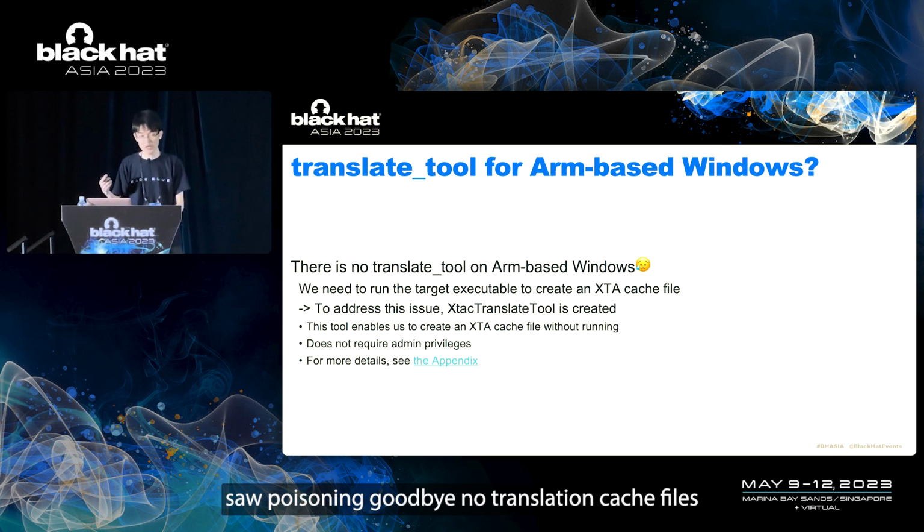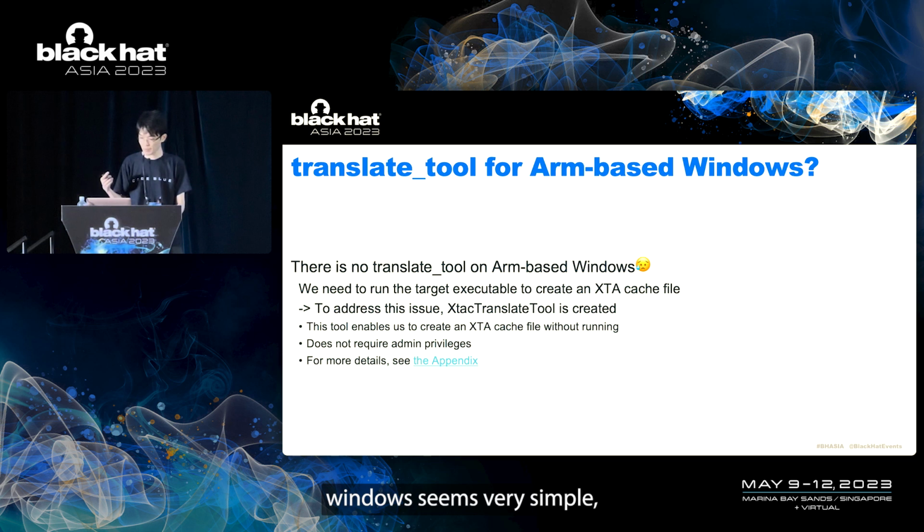So poisoning binary translation cache files on ARM-based Windows seems very simple, but the situation is a bit different. There is no translate tool for ARM-based Windows. So we need to run the target executable to create an XTA cache file.